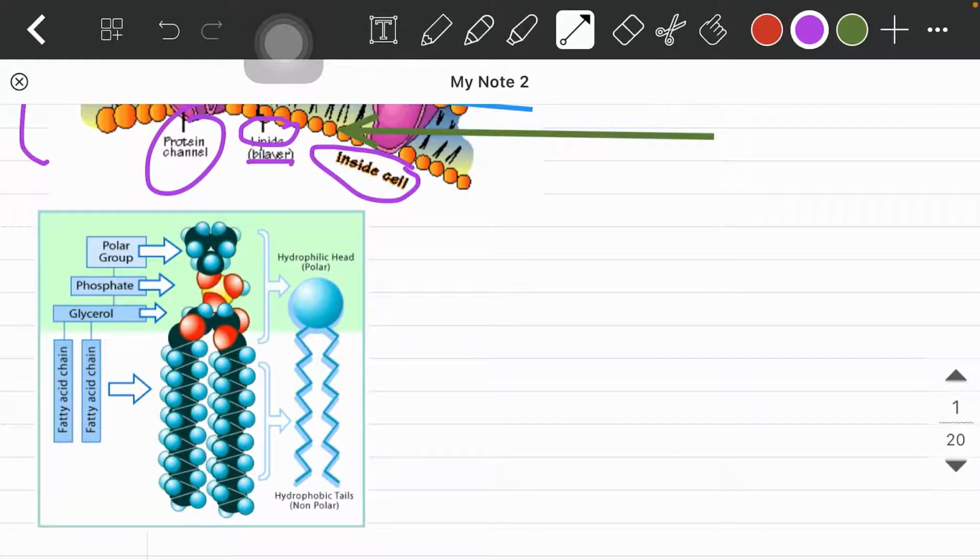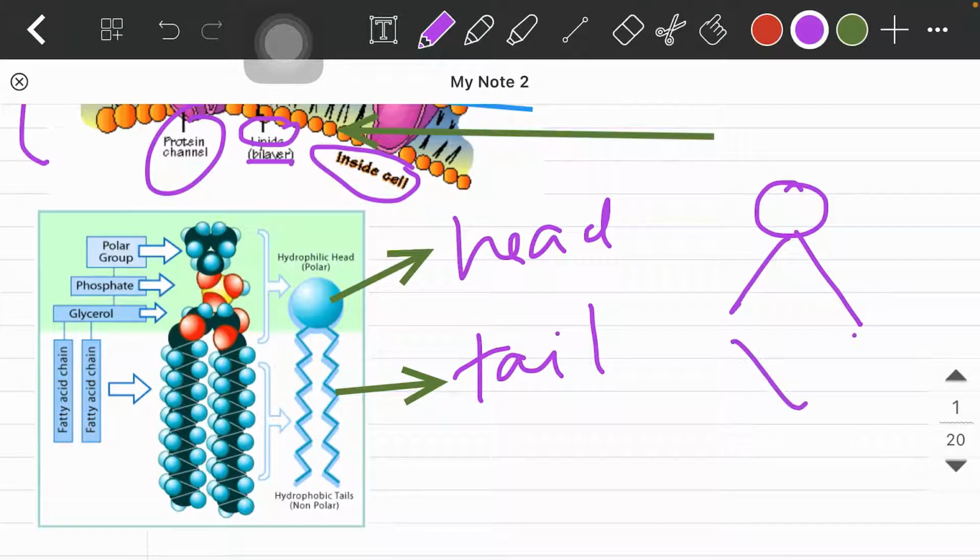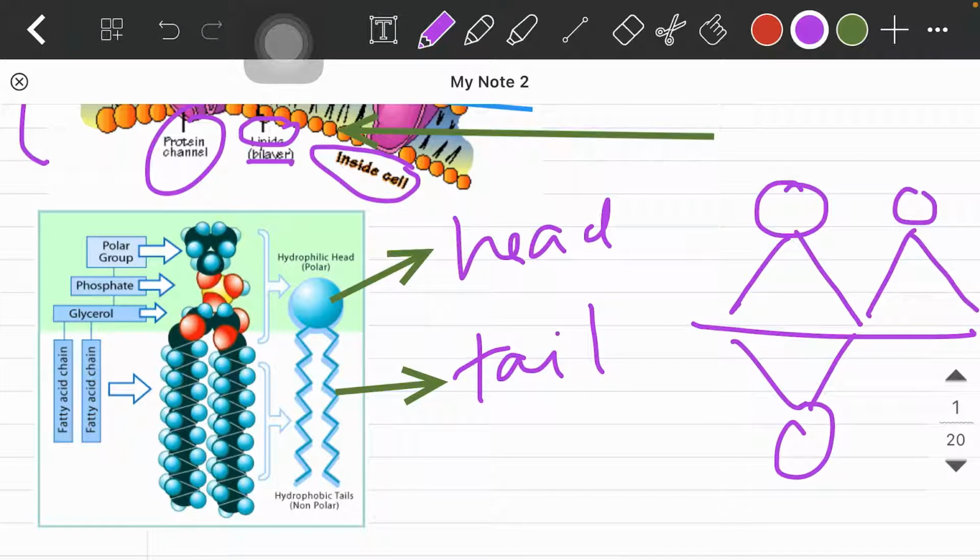Okay, we have the head and we have the tail. So pag dinrawing ko ulit yan, ayan, ganyan lang siya kasimple. Since double layer yan, ganyan na itsura niya. Okay, so ibig sabihin dalawang layer siya ng maraming lipids.